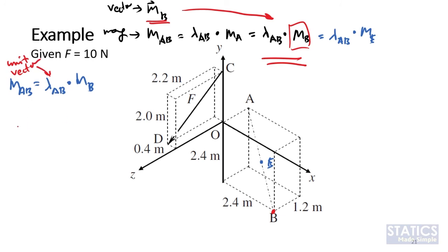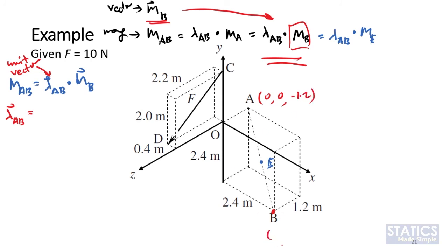Okay. So if we want to calculate what's the value of lambda AB, all of these are vector quantities. This guy is a magnitude. So lambda AB is unit vector from A to B, okay, from A to B. So lambda AB in this case will be equals to, we know the coordinate of A is along X 0, along Y 0, along Z is minus 1.2.